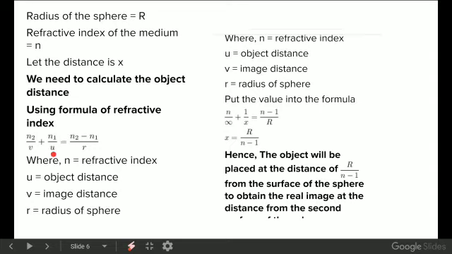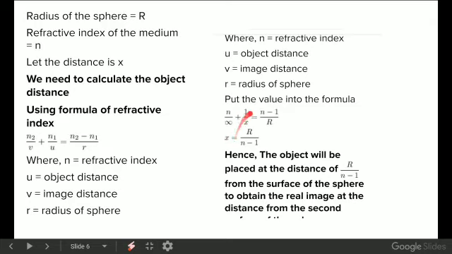Here when we substitute all these values, n by infinite, this total term will become 0. 1 by x equals n2, the refractive index of the sphere, that is n, minus n1, the refractive index of the air, that is 1, by capital R. And we need x here, because the question is at what distance from the transparent sphere an object should be placed to form the image at the same distance on the opposite side.